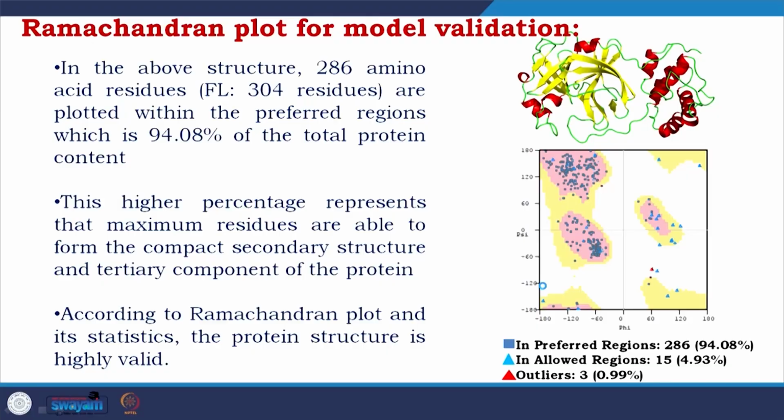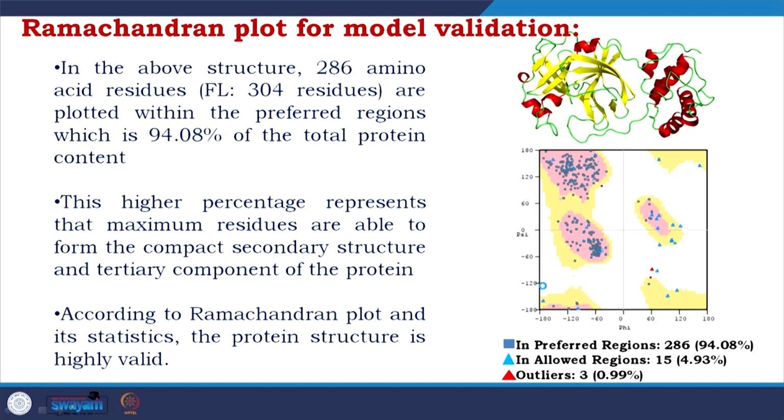For example, if you see this structure, when we plot the torsional angles, 286 amino acid residues among 304 residues are plotted within the preferred region, which is 94.08% of the total protein content.